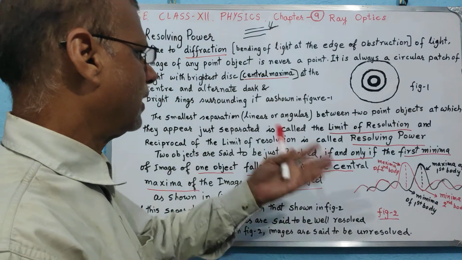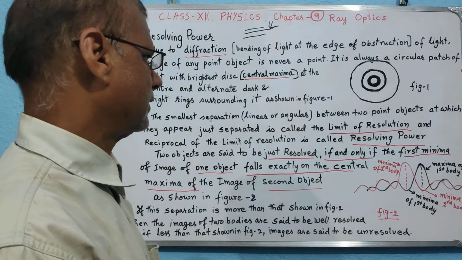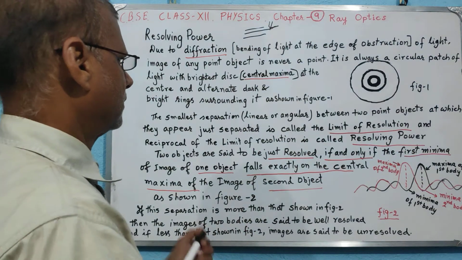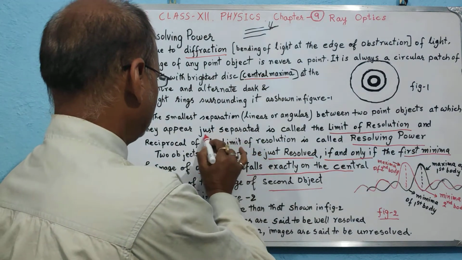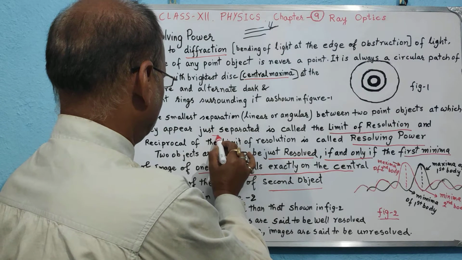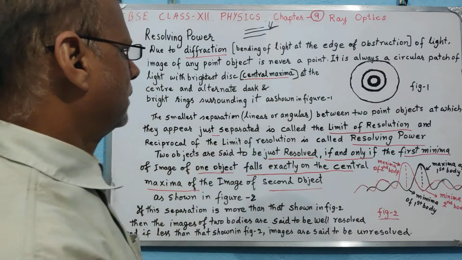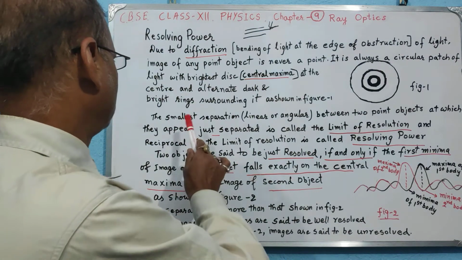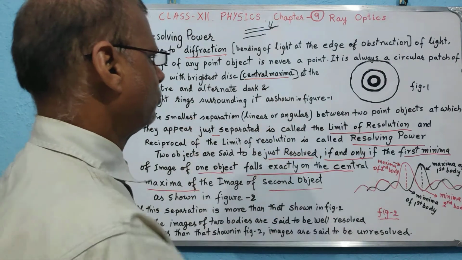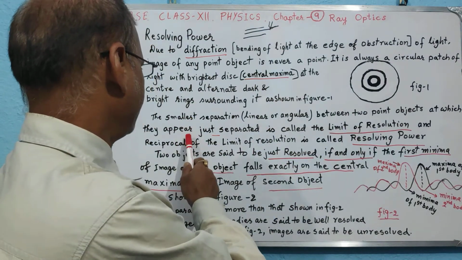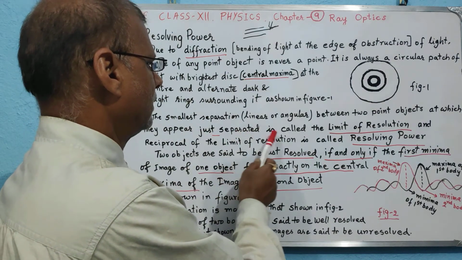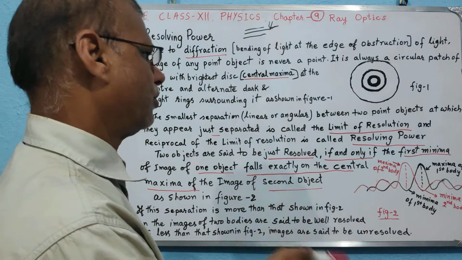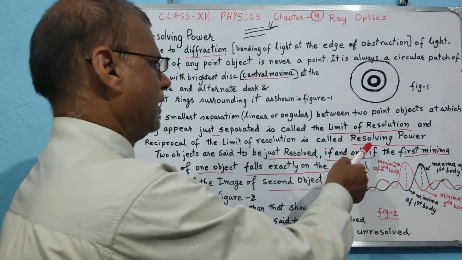The smallest separation between two objects at which they appear just separated is called the limit of resolution, and the reciprocal of that is known as resolving power.